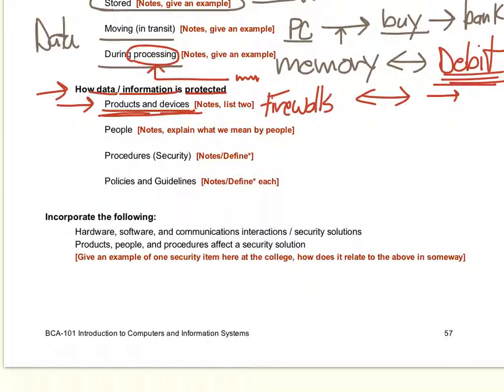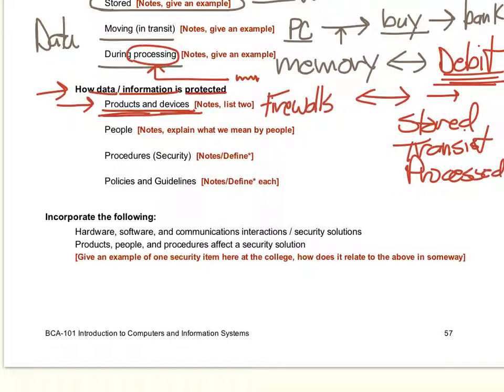Now remember, we're protecting data when it's either stored, in transit, or being processed. And what are we worried about with the data? We're worried about it changing or somebody seeing it. Those are the two big areas. Okay? People.